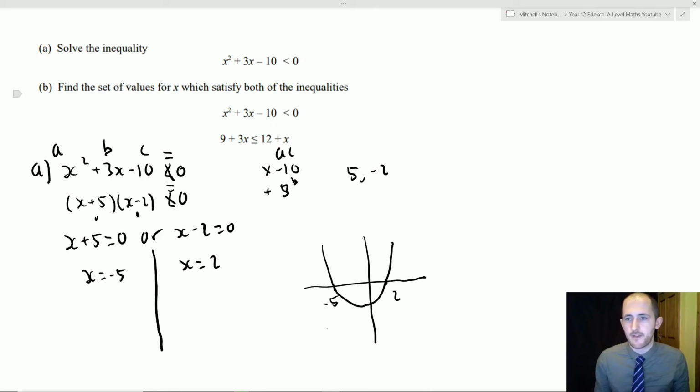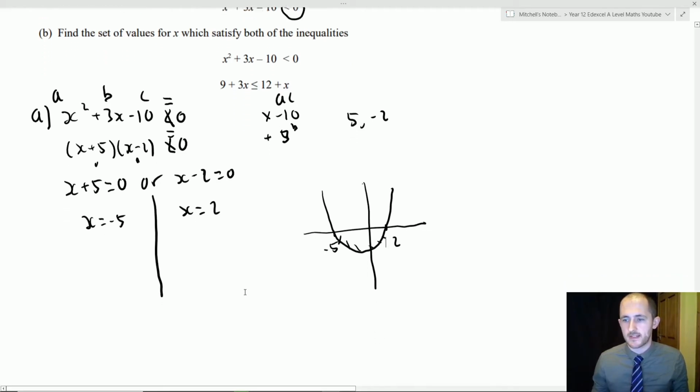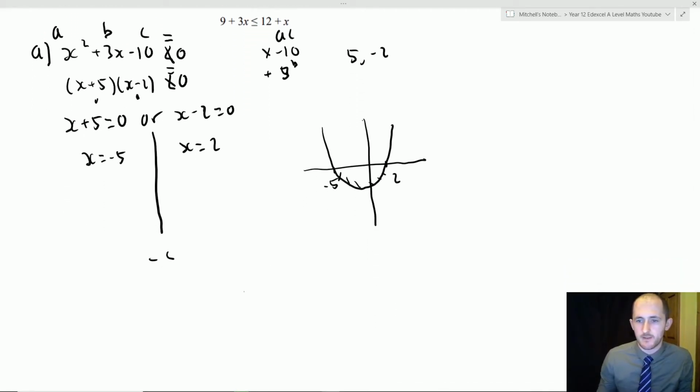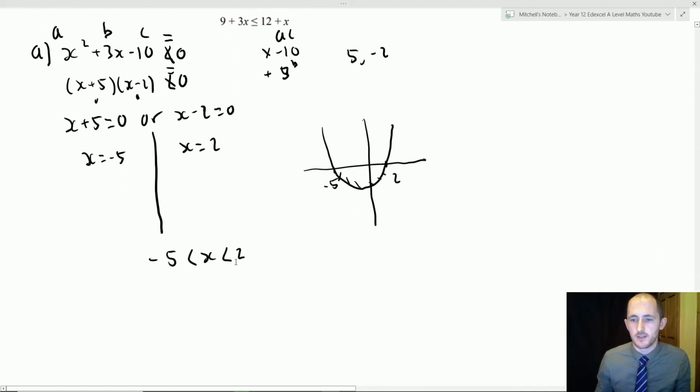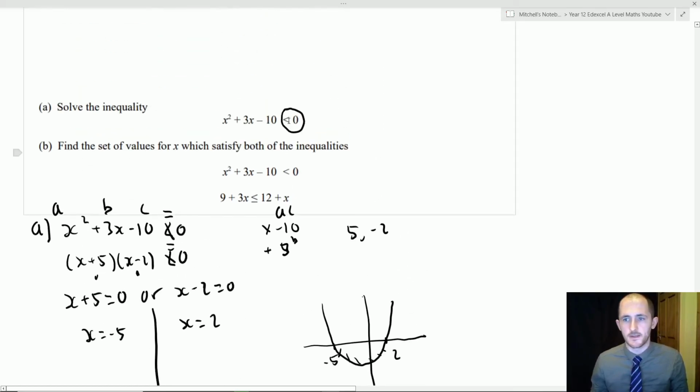And we're looking for the values that are below 0. So that's all of these values here. So our final answer is going to be minus 5 is less than x less than 2. And remember, if it's not less than or equal to in the question, then leave it as just less than, okay? Don't put an equal sign if there's no equal sign here, as in the line that goes underneath it.